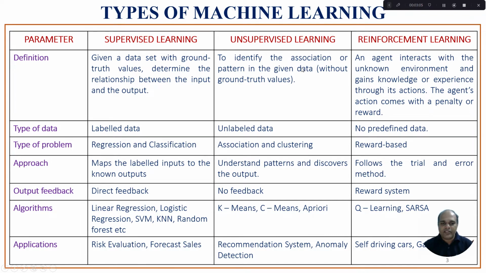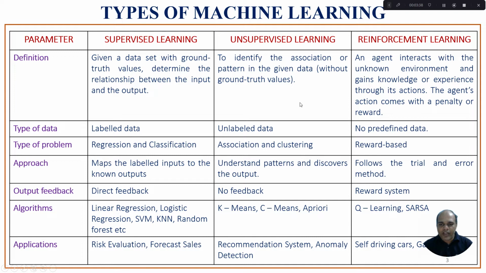The type of data we use is unlabeled data, and the problems it can solve are association problems, and we can do data clustering based upon some characteristics. The approach used is to understand the patterns and discover the output. This is a no-feedback system because we don't know the ground truth value, so we can't correct our machine if it makes a wrong prediction.